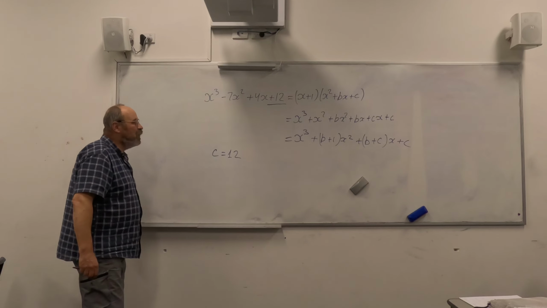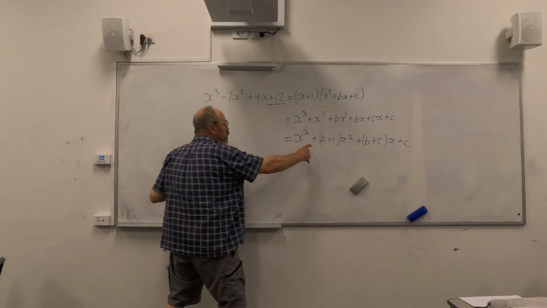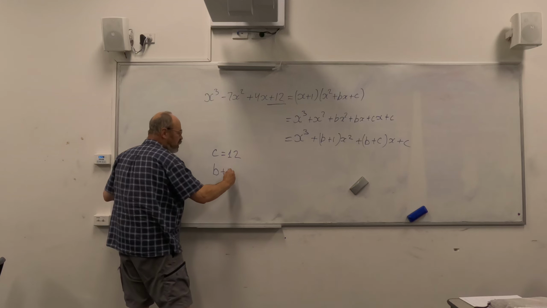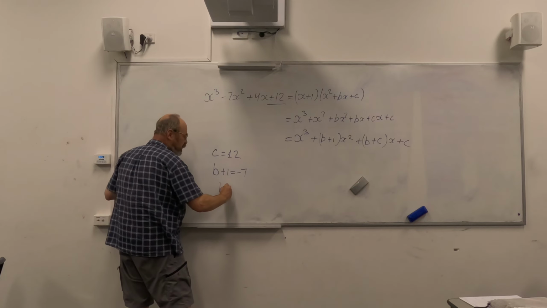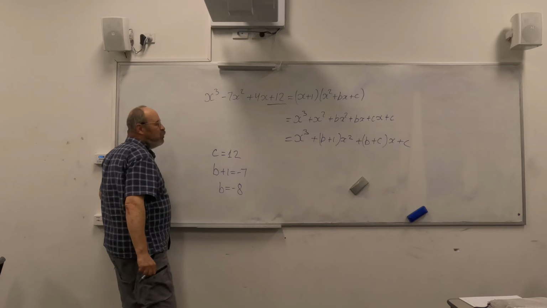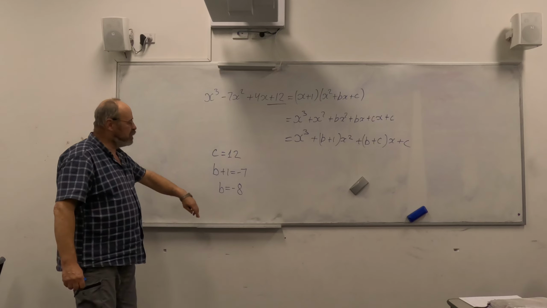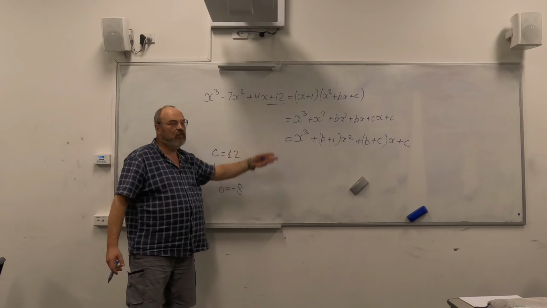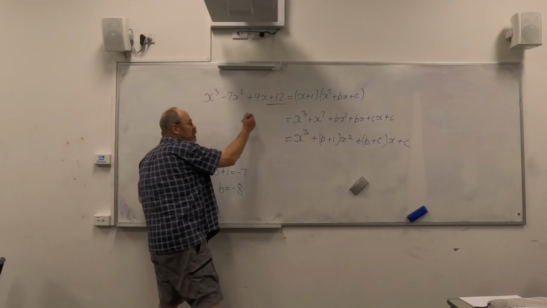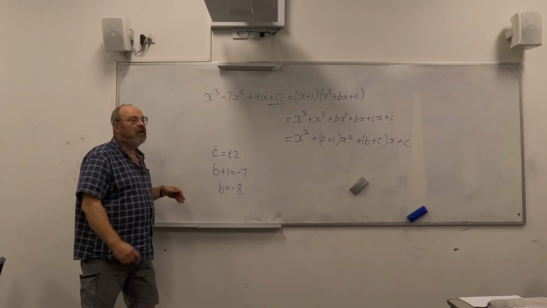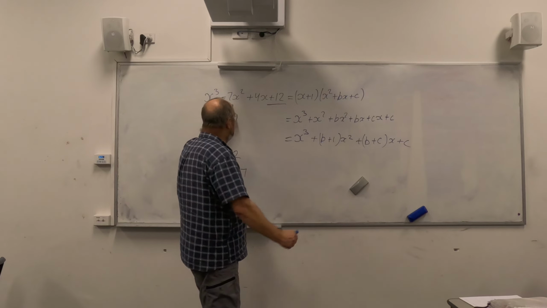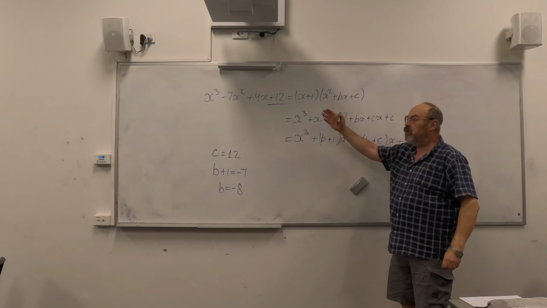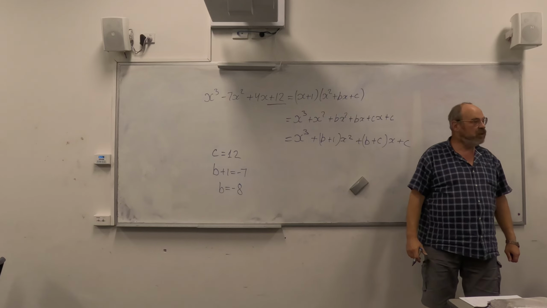Then we have b plus 1 must equal negative 7, so b equals negative 8. And we can check that it works for x: negative 8 plus 12 equals 4. So this polynomial equals this polynomial means coefficients of x cubed are equal, coefficients of x squared are equal, coefficients of x are equal, and the constant terms are equal.